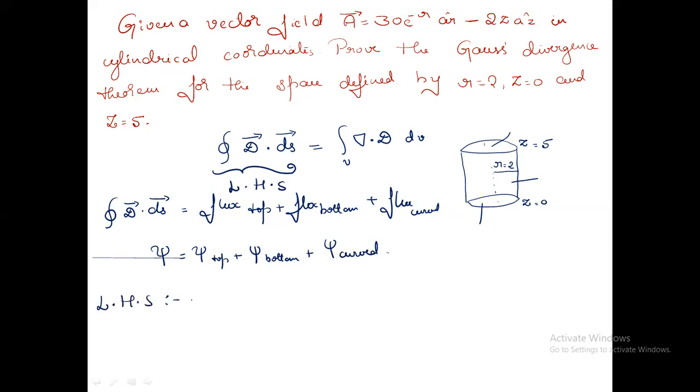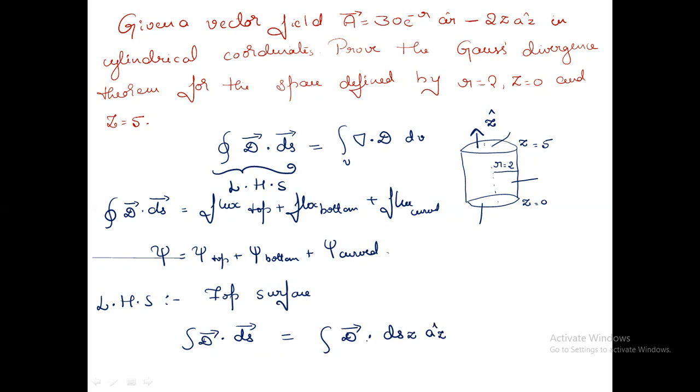So let's consider the top surface. First of all, the equation is D dot dS. D we already have, that's the given equation. What about dS? This is in the positive z direction. So now this becomes D dot dSz az cap.